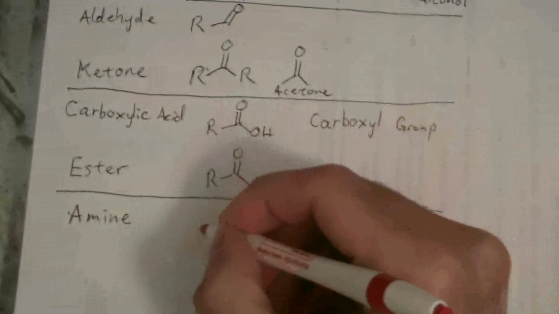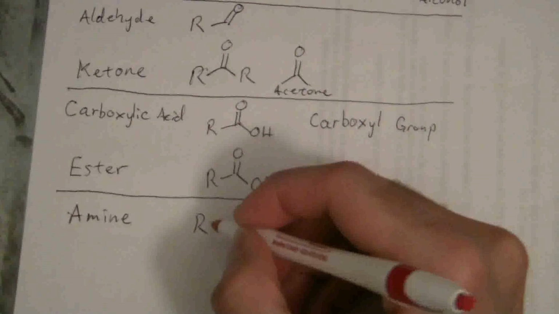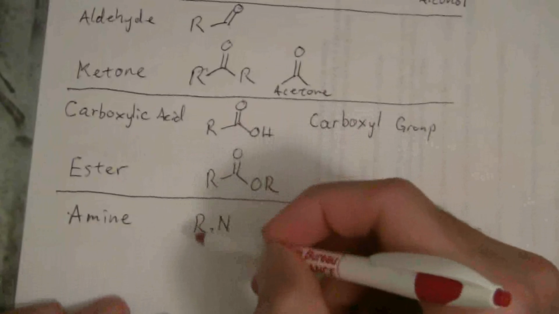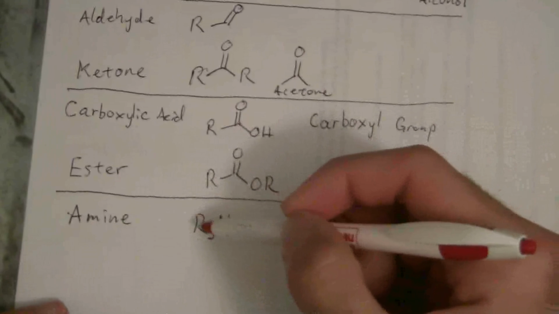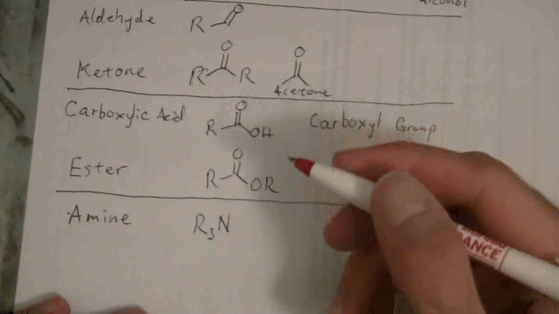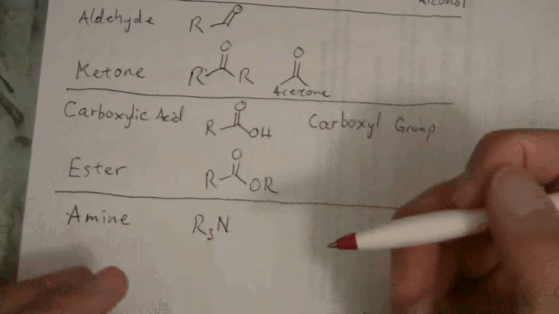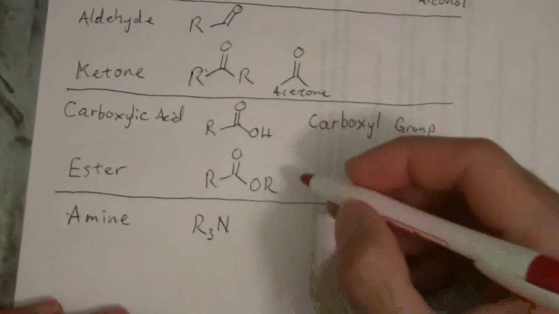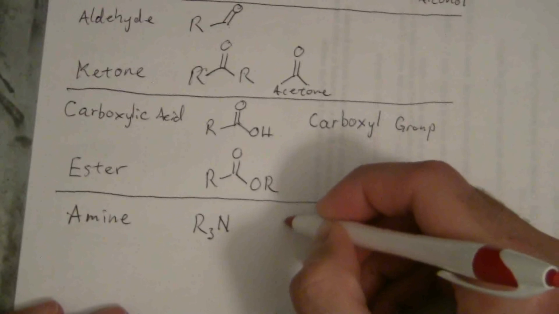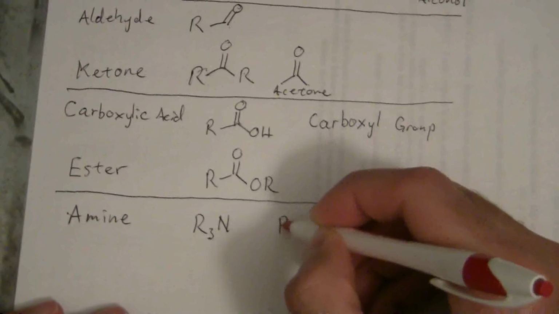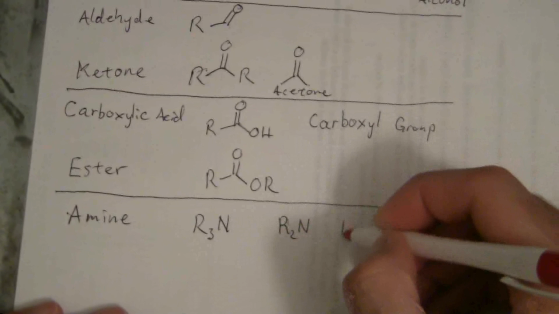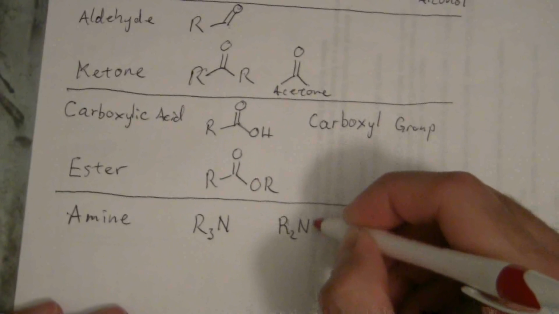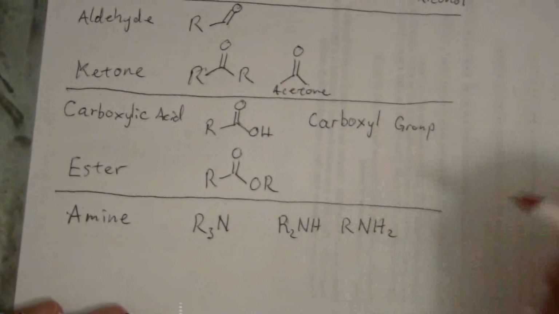They look something like this: R3N, where I have three different carbon chains, and in this case, R may also be hydrogen. Or I could write it to distinguish between them. This would be an NH, and I'd have NH2.